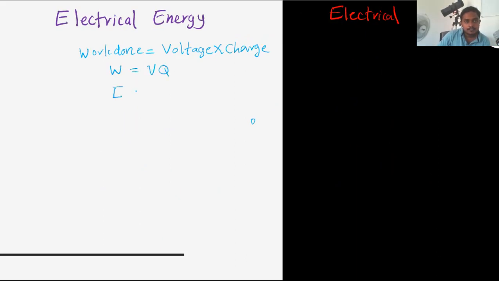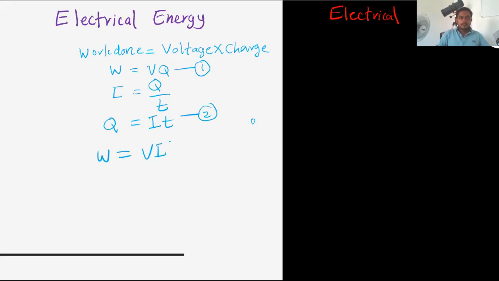Again, we know the current is equal to Q over T, so we can make Q the subject, which is Q equals IT. This is the first equation, and this is the second equation. From the first and second equations, we get W equals VIT, or in another manner, energy is equal to VIT.